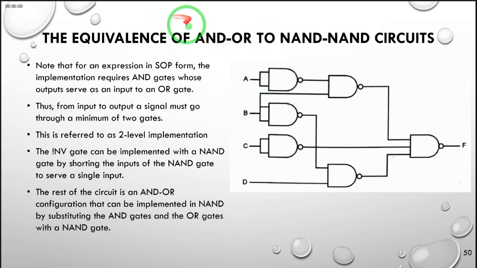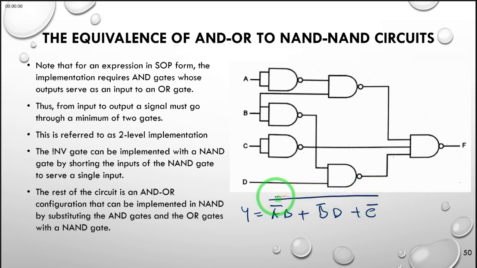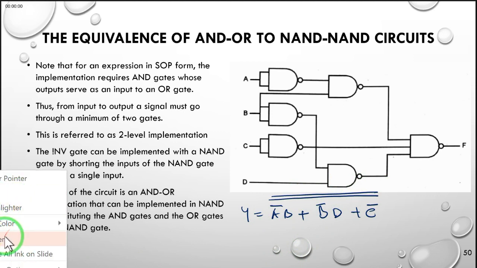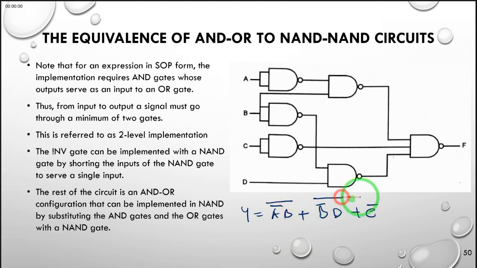I write our equation which we had here, which is y = A bar B bar D plus C bar. What we have done is to introduce double bars, and then we apply De Morgan's theorem. That second bar changes as follows, comes at that point, cancels that. The sign changes from plus to dot, and the other double bar remains at the top.